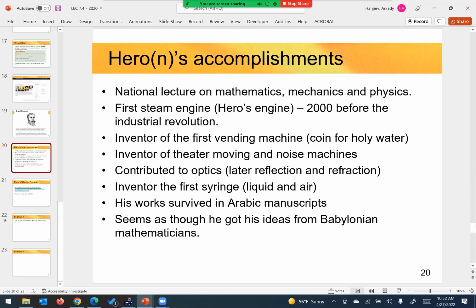First vending machine, a coin for holy water. I love it. Holy water. It's like O'Hare air from the Lord. Bottles of air. First syringe. It's actually a really good idea in this day and age, because it's so polluted, if you could sell pure air. Not pure oxygen, which would kill you, but just pure air in bottles. There are people who do that for people switching altitudes often.